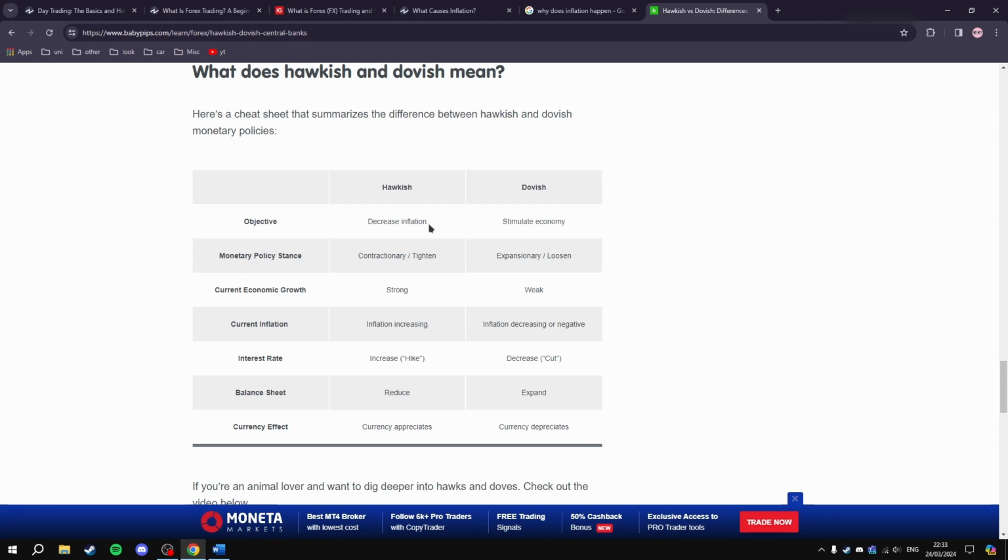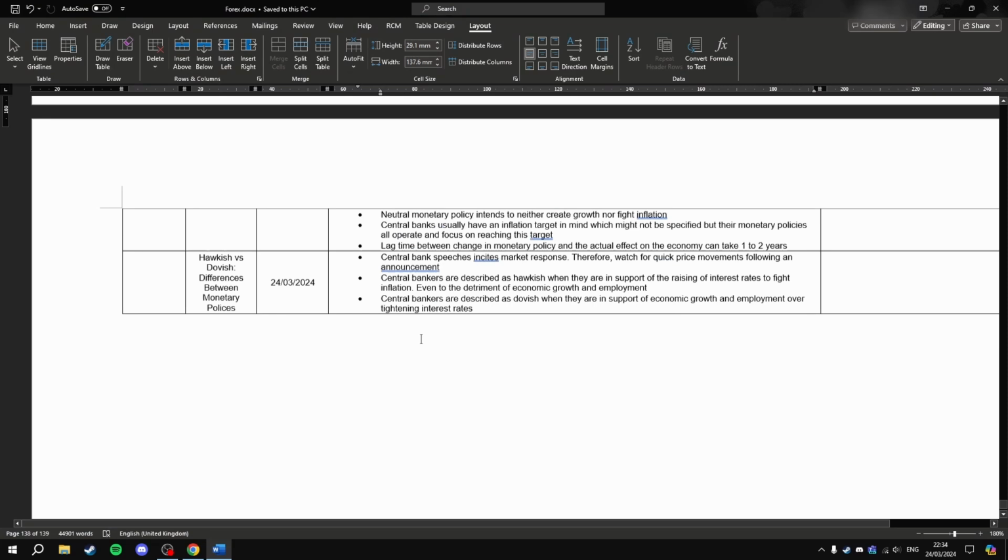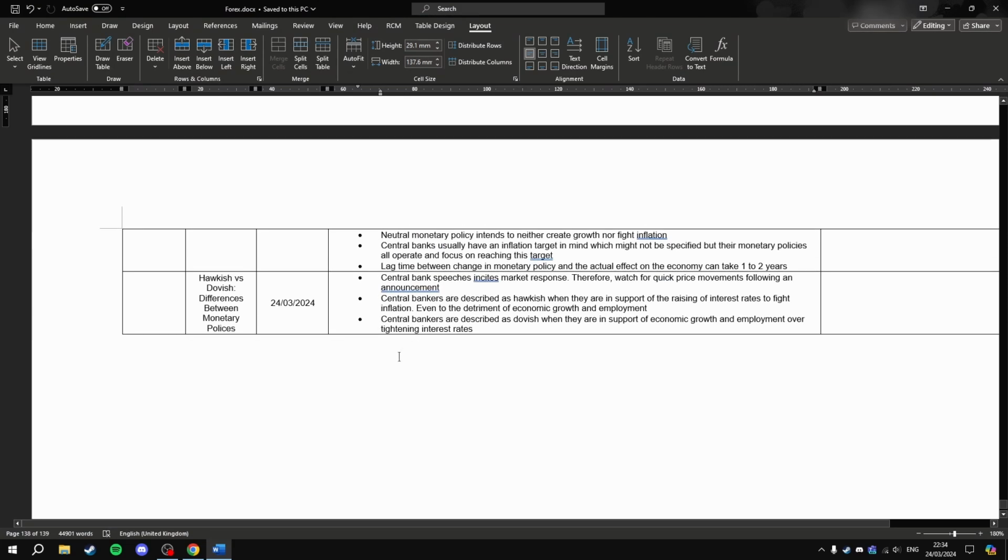But then it says objective: decrease inflation. What does inflation increasing mean here?